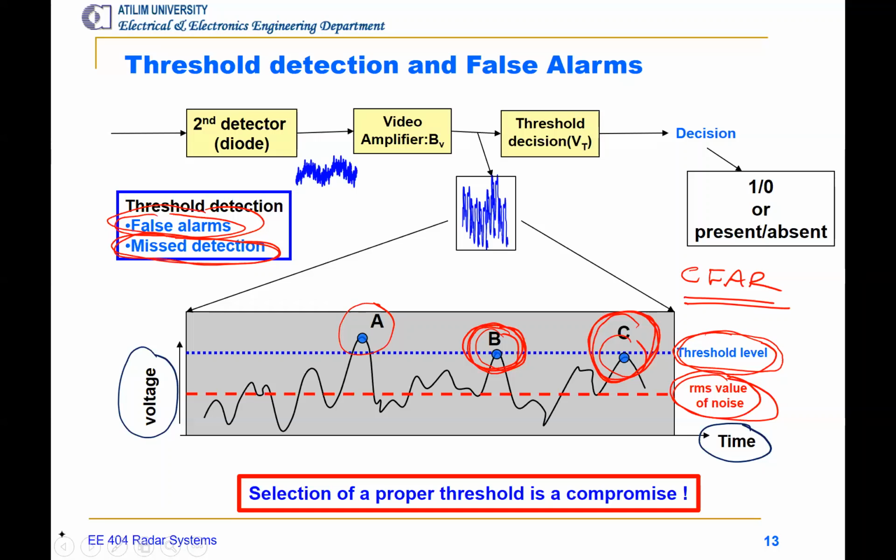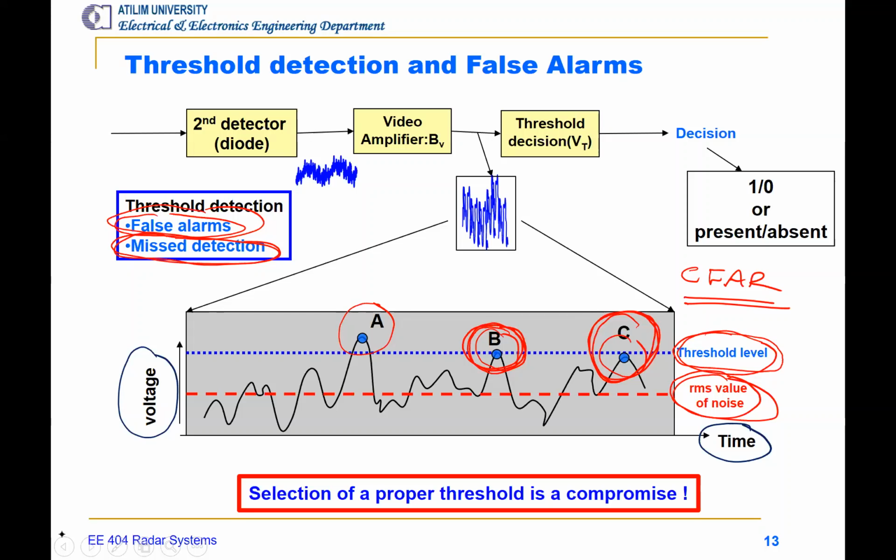Remember that we assume an IF amplifier, and we have Gaussian noise, and the output follows a Rayleigh PDF, the envelope of the output. Now we look at this envelope signal of noise voltage.